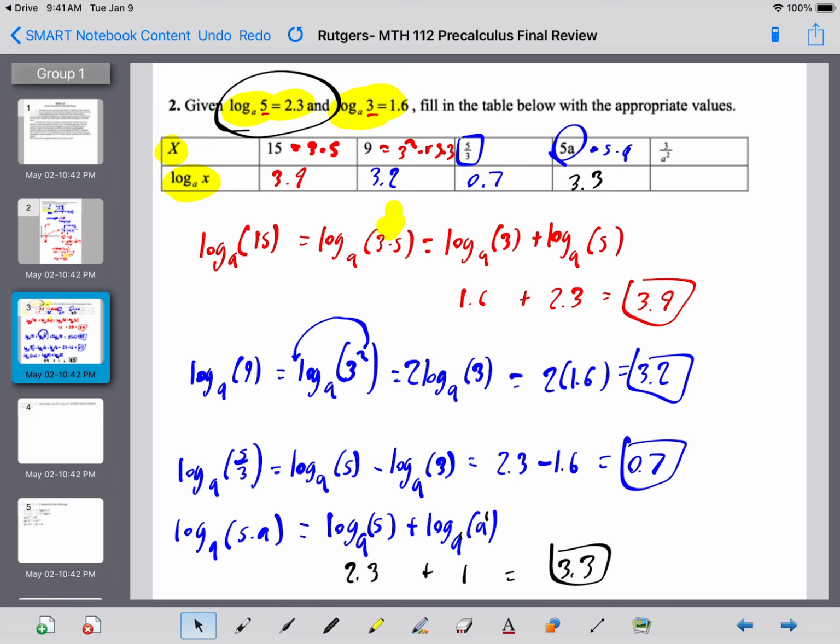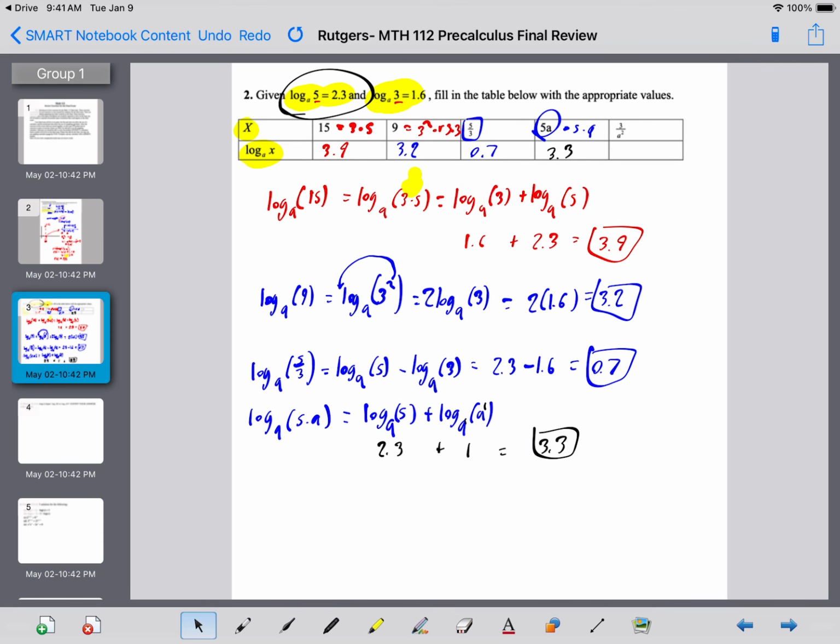And then lastly, we have 3 over a squared. Log base a of 3 over a squared. There is division, so you can separate by subtraction.